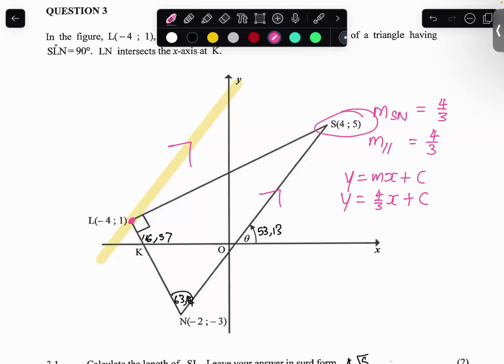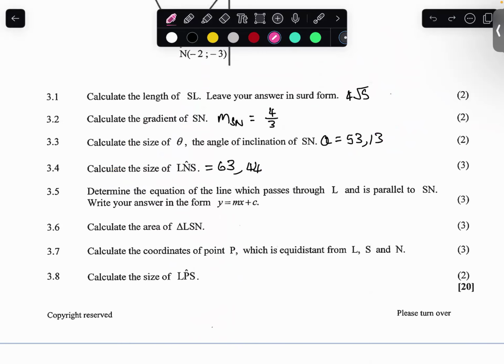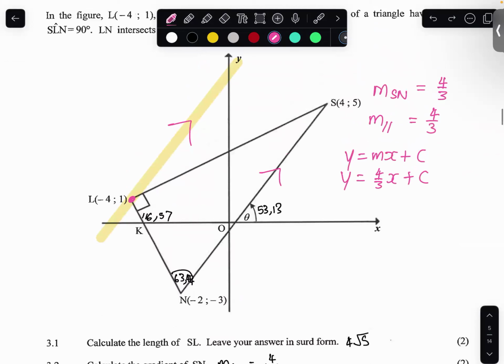You can't use that, because none of these two sets of coordinates lies on this line. You have to use a set of coordinates that lies on the line. And they tell you what it is. It says it passes through L, so you need to use L's coordinates. So you're going to go, 1 is equal to 4/3 into minus 4 plus c. That gives you, Lord alone knows. Okay, hold on.